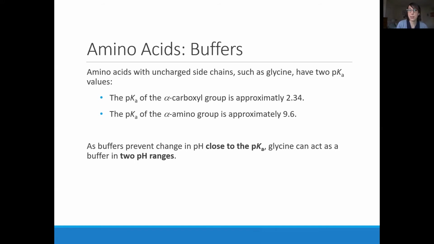For example, with glycine, it could buffer around its first pKa, which is at 2.34. So it would be a good buffer first at a pH range of around 2.34. And it could act as a buffer at a pH of around 9.6, where its second pKa is.